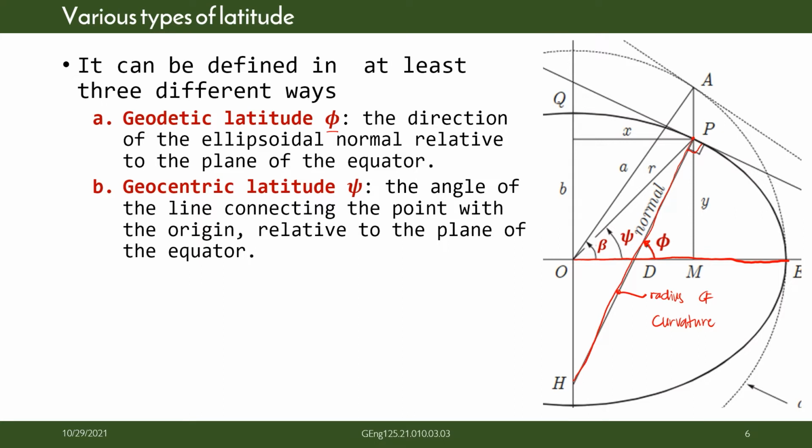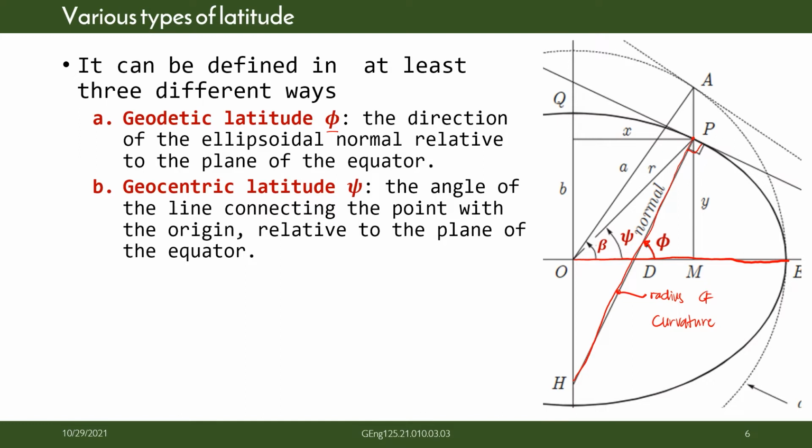The next one is the geocentric latitude. It's the angle of the line connecting the point, let's say point P, with the origin, relative to the plane of the equator. So we're focusing on the same point.